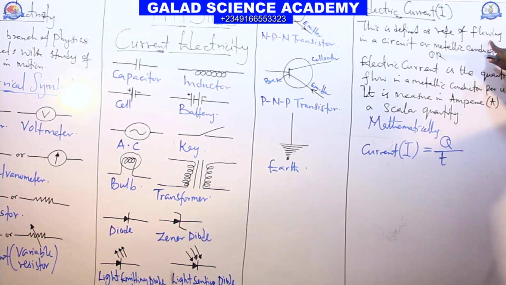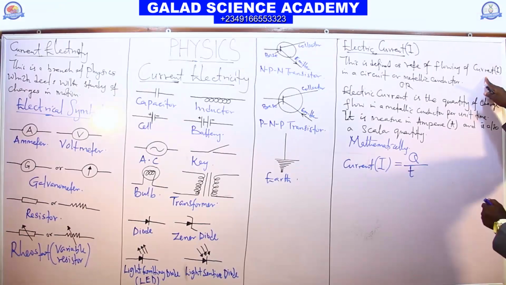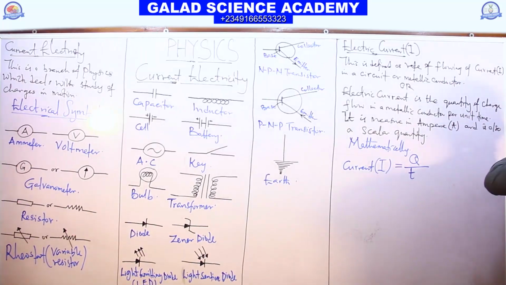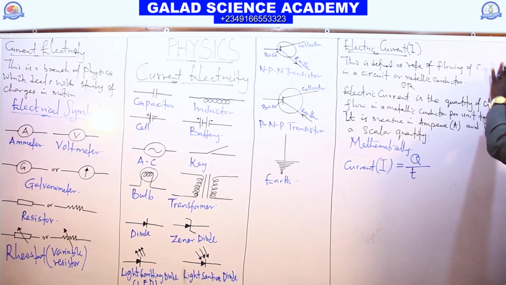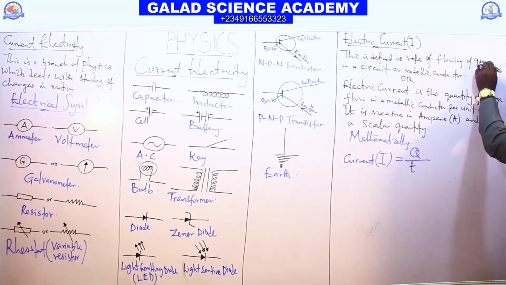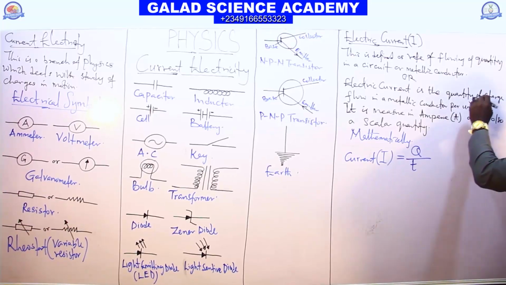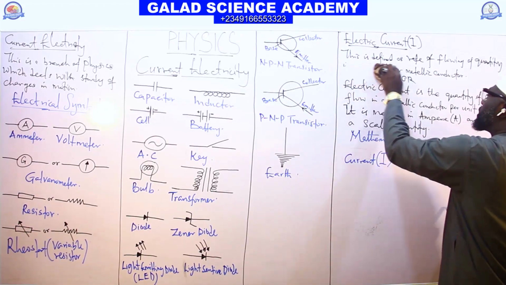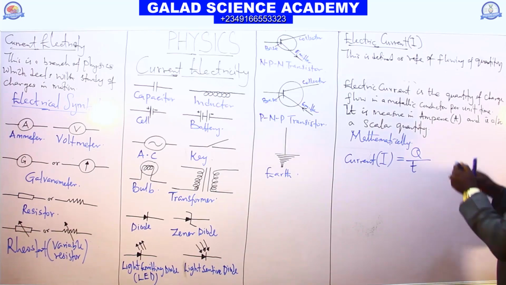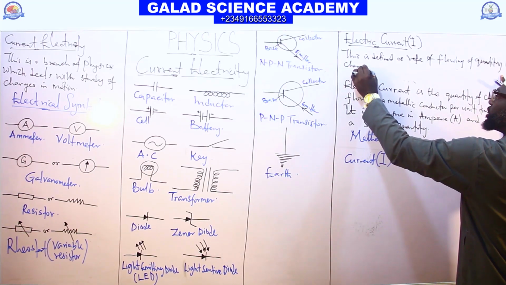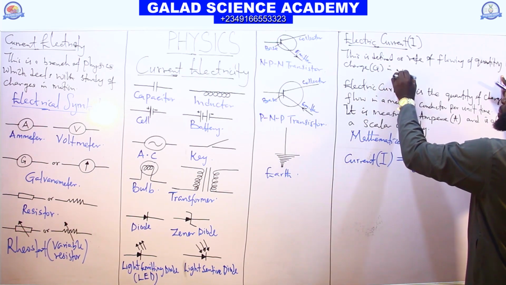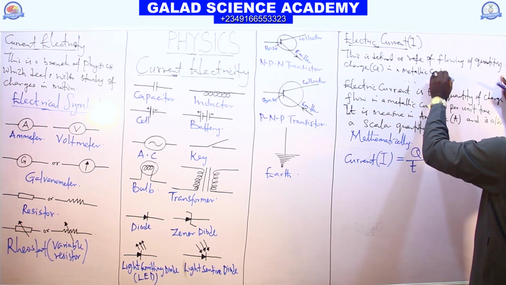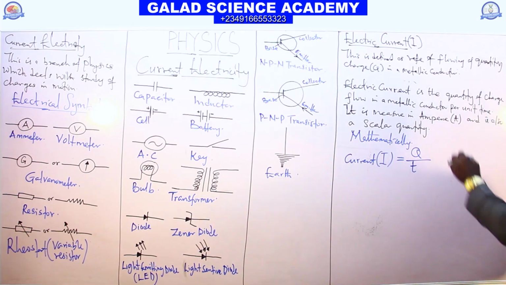Current is defined as the rate of flowing of quantity of charge Q in a metallic conductor.